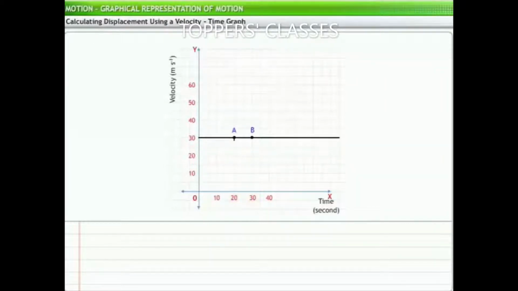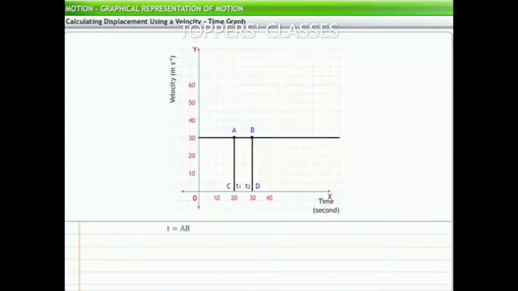draw perpendicular lines from A and B to intersect the x-axis at point C and D respectively. The time taken, t, by the car to move from the position represented by point A to the position represented by the point B is the difference of time t2 and t1.